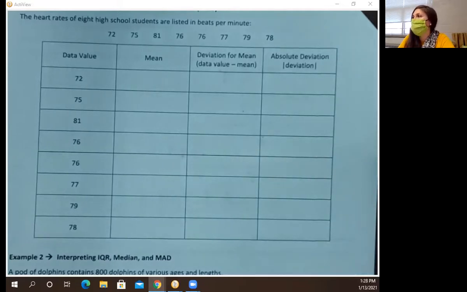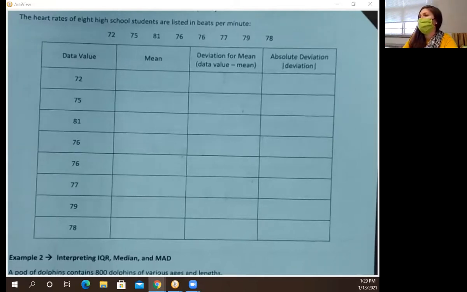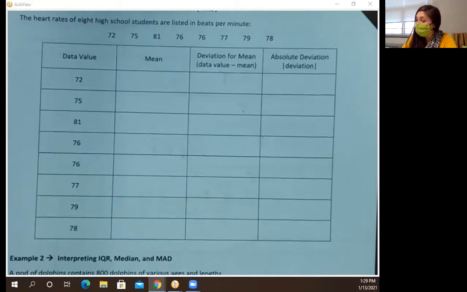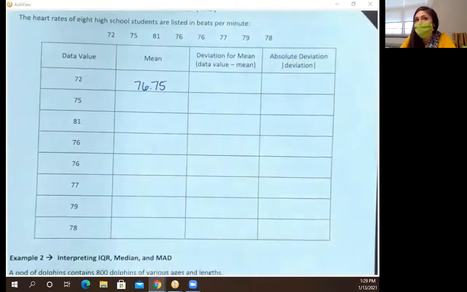Anybody find our mean yet? 76.75 is our mean.